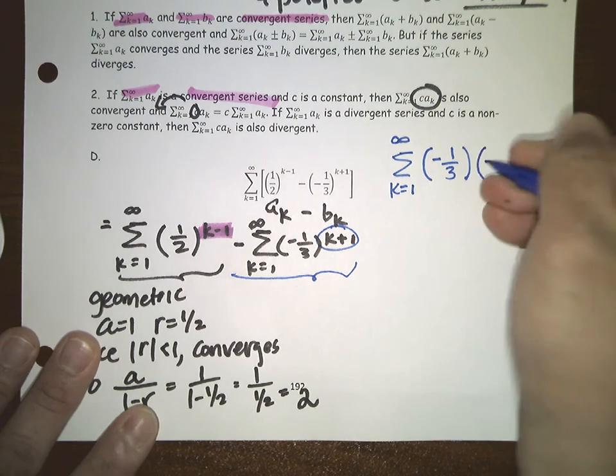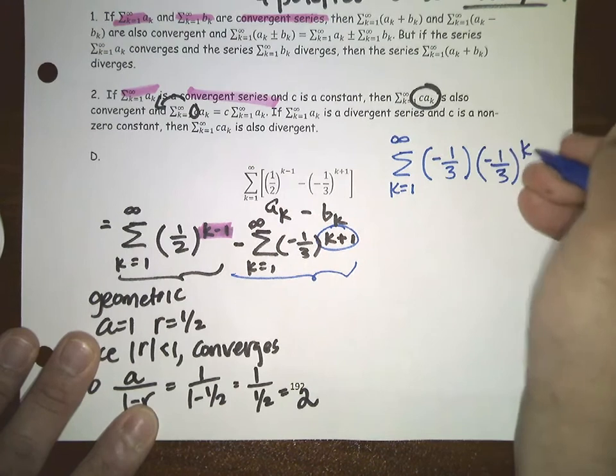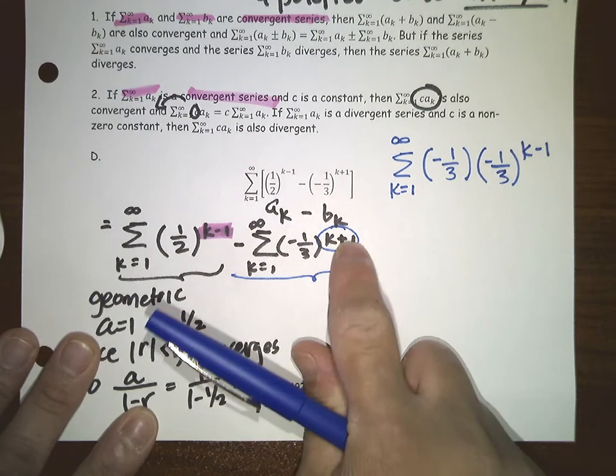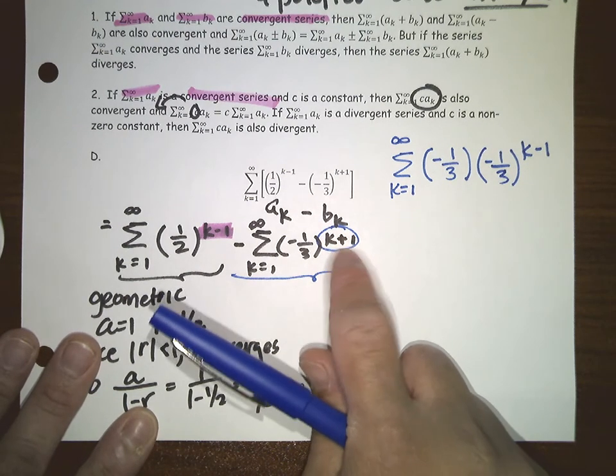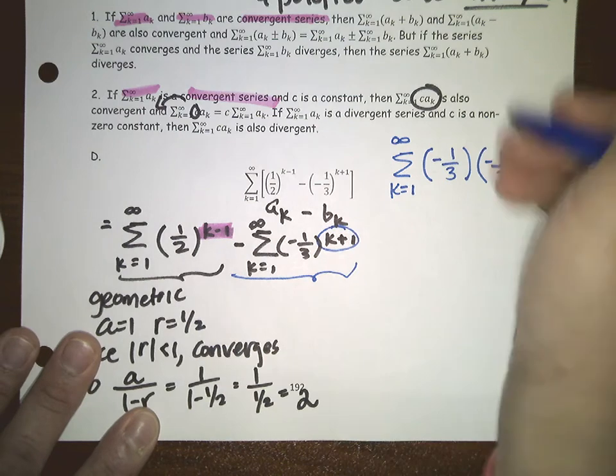If I want this to be to the k minus 1 power, but I want the exponent to remain k plus 1, this is like x, right?